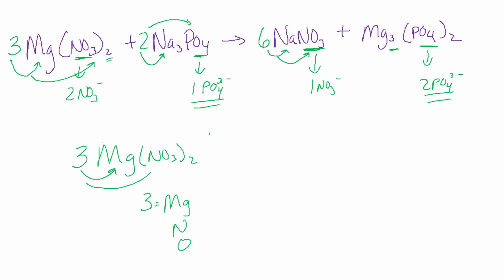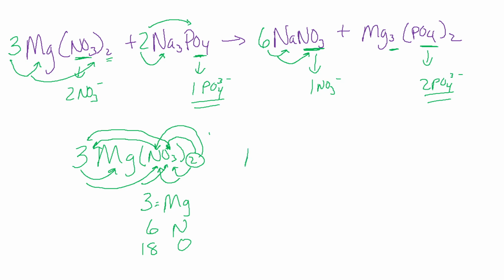This 3 would also count for the nitrogen and the oxygen, but there's also a 2, which also counts for the oxygen and the nitrogen. So if we count up all that, we basically have 2 times 3, which is 6 for the oxygen, and then 6 times 3 is 18 for the oxygen. Here we would have 2 times 1 for the nitrogen, which is 2, and then 2 times 3 is 6.